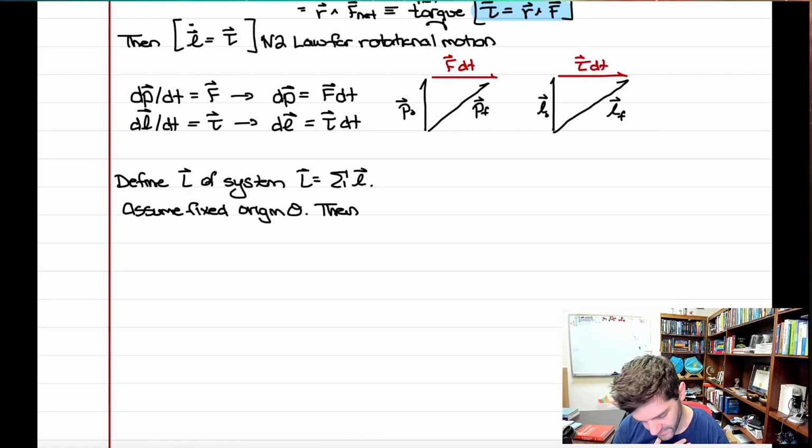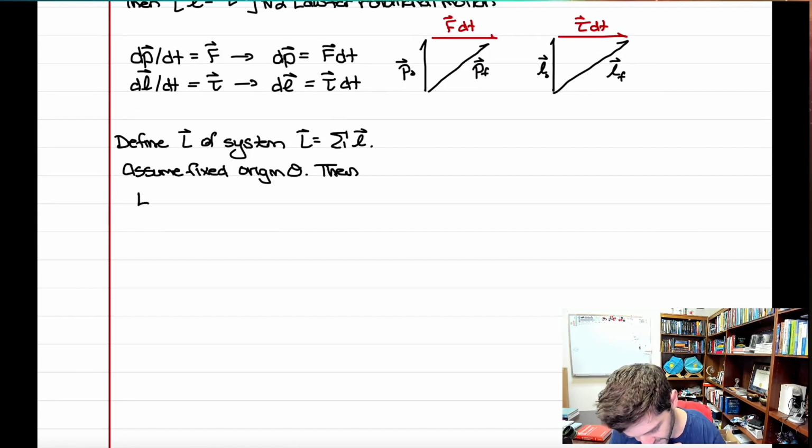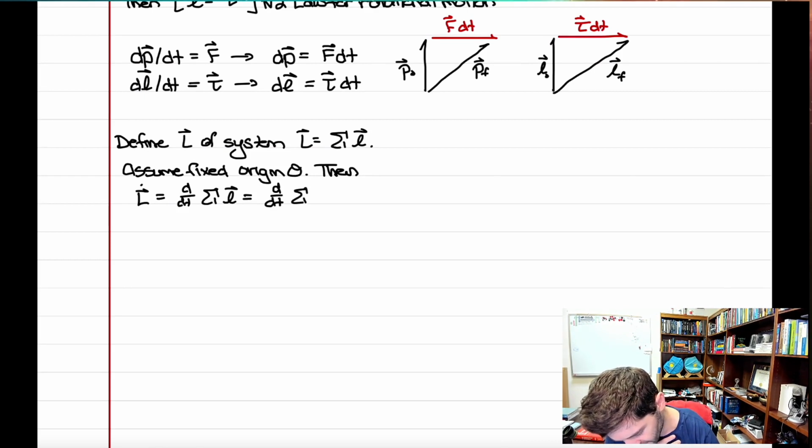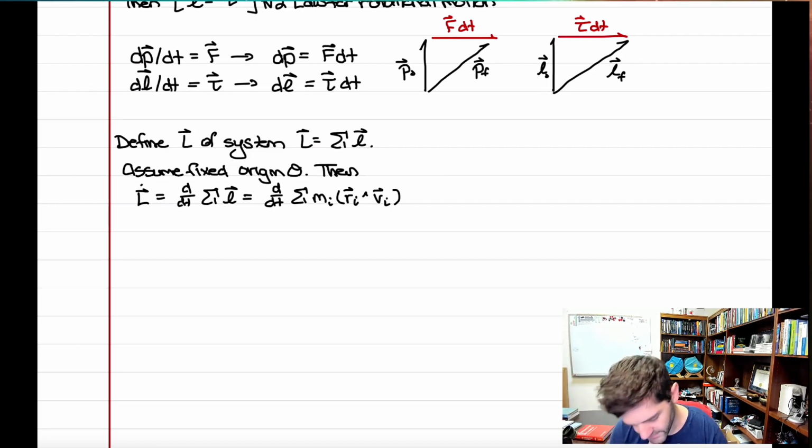Then let's think about that time derivative. So big L dot is going to be the time derivative of this big old sum of individual momentums, or the time derivative of a sum of the individual masses times the positions crossed with the velocities of all those particles.